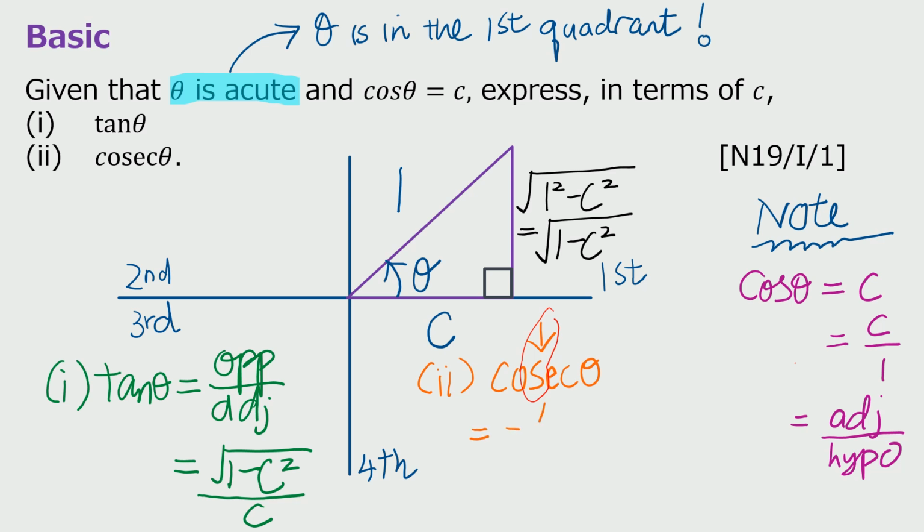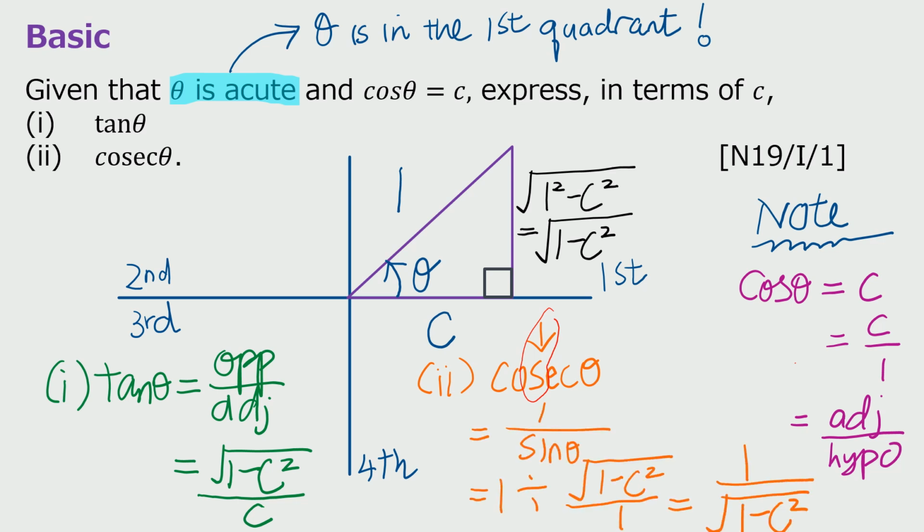So this is equal to 1 divided by sine theta, which is opposite over hypotenuse, so the square root of 1 minus c squared over 1. Then you just change the division to multiplication and flip the fraction, and the answer is 1 over the square root of 1 minus c squared.